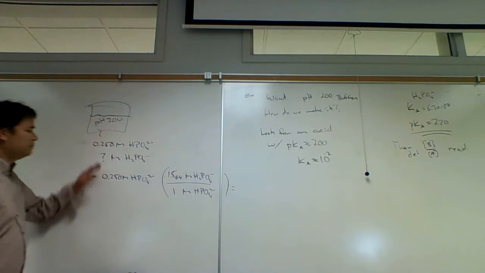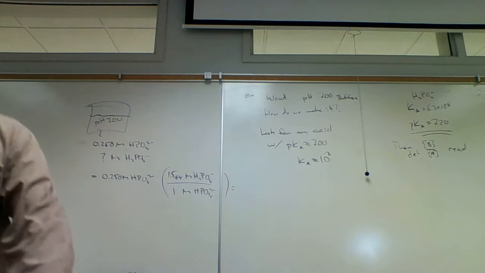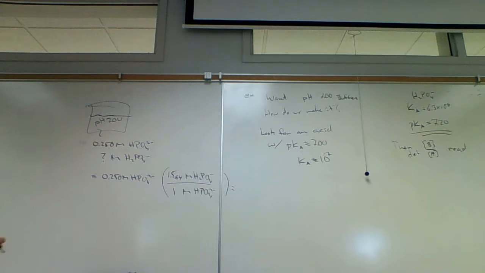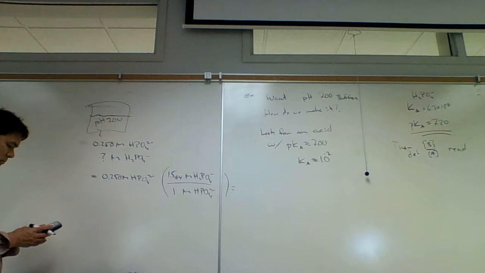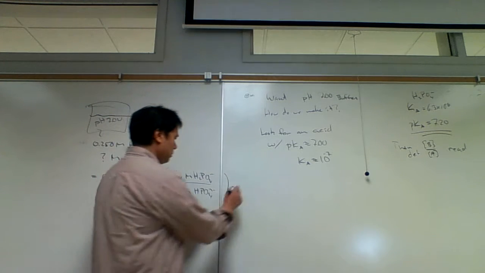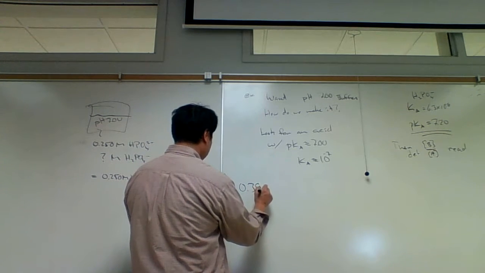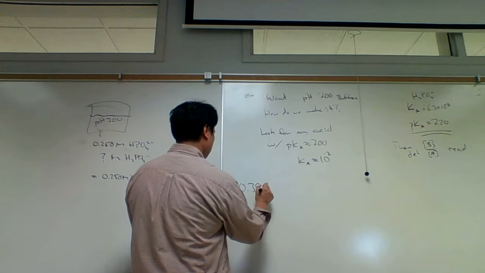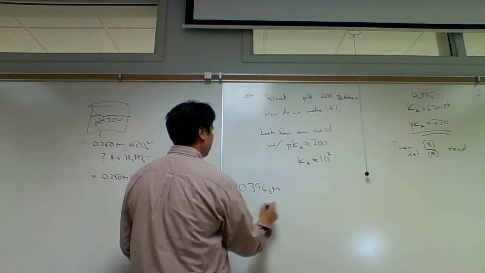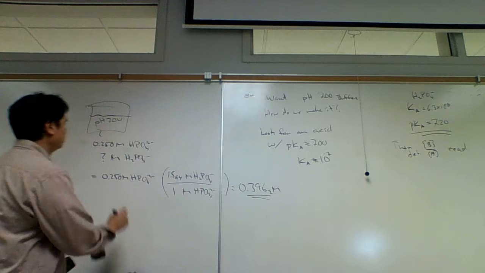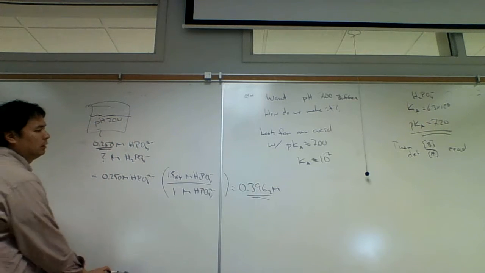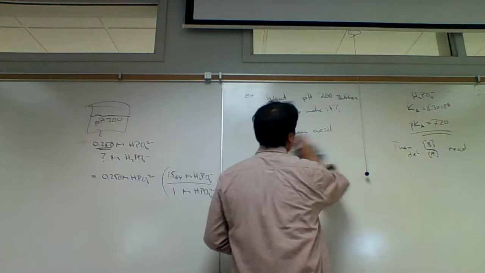And so if I make the base component 0.250, I have to make the acid component 0.3962 molar. All right, so let's go ahead and do that.